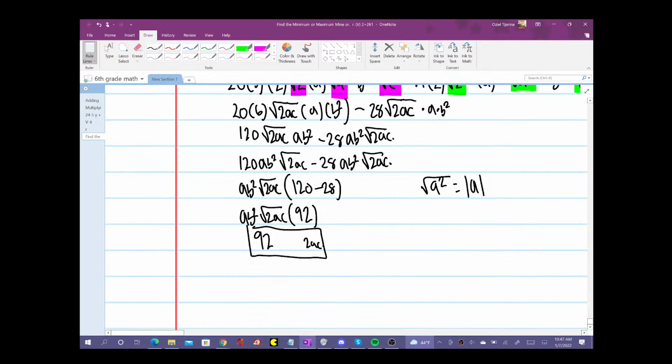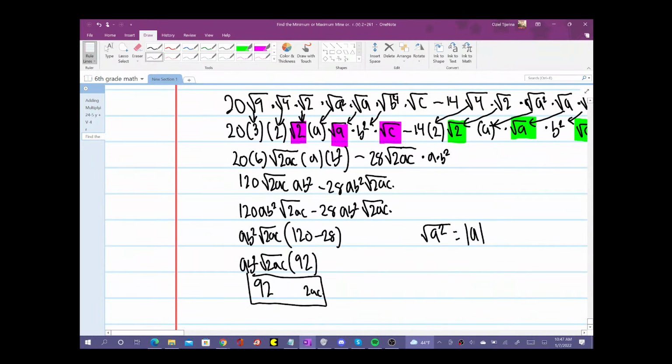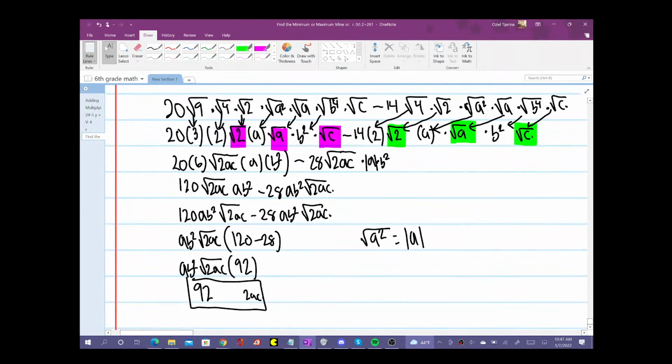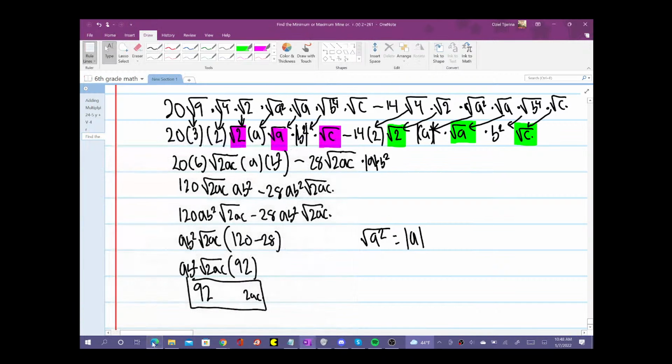So when I did this, this was supposed to be absolute value. And this one was supposed to be absolute value, I think. I'm not sure, unless I'm wrong. Actually, no, not this one. Just the square root of a squared.